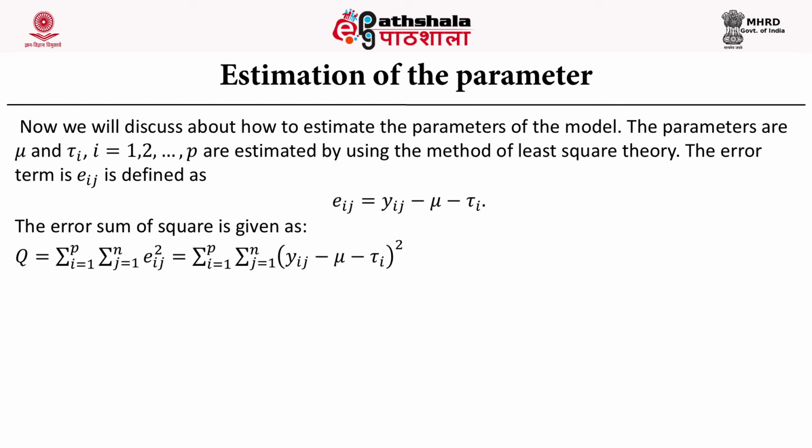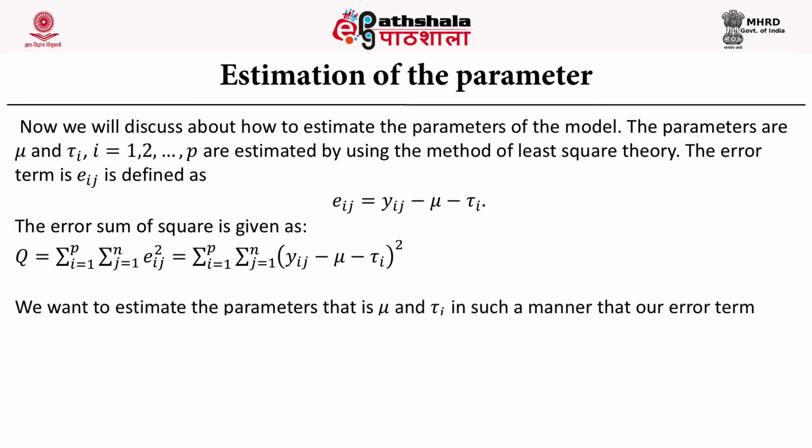The error term is denoted as eij and it is defined as yij minus mu minus tau i. The error sum of squares is represented by a capital letter Q, which equals the double summation of eij, summed over i and j, where i varies from 1 to p and j varies from 1 to n, which equals the double summation of yij minus mu minus tau i whole square, summed over i and j, where i varies from 1 to p and j varies from 1 to n.